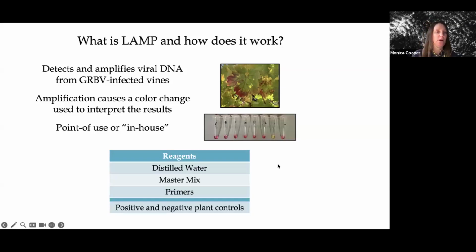And as I mentioned, one of the great benefits that we found with this, because I also don't have access to a diagnostic lab, is that we can do this sort of in our office in a clean space on a bench top without a lot of fancy equipment or really too many reagents either.